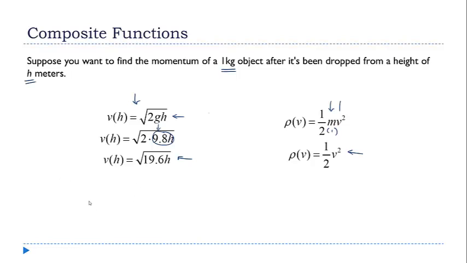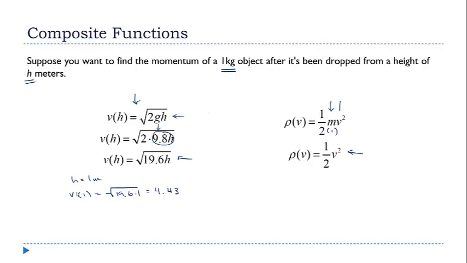All right, so let's look at how I can answer a question with this. Let's say I want to know the momentum after an object is dropped from a height of 1 meter. Well, I can find the velocity. V of 1 is the square root of 19.6 times 1, which is 4.43.